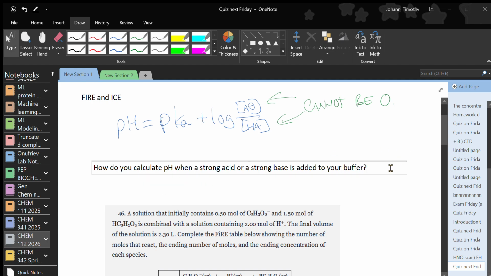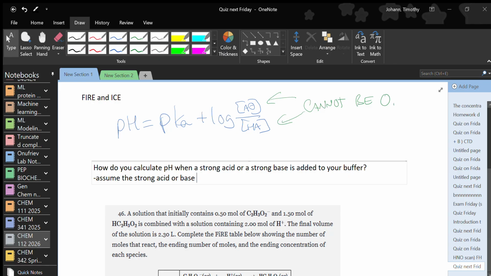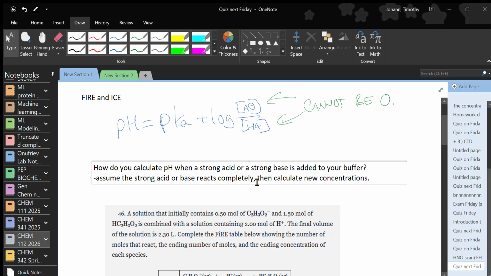Okay, and so an important point here is we're going to assume that the strong acid or strong base reacts completely. Okay, and then you're going to then calculate new concentrations. Okay, this assuming it reacts completely.